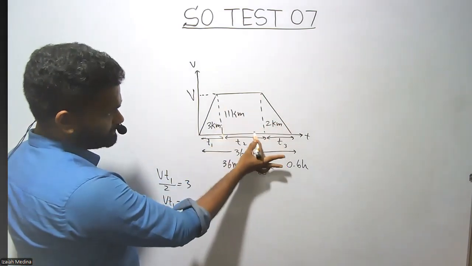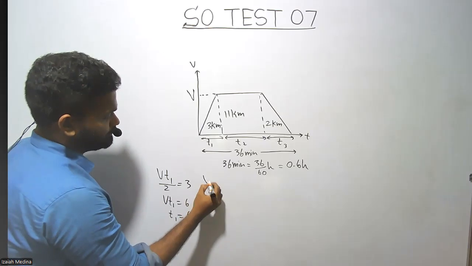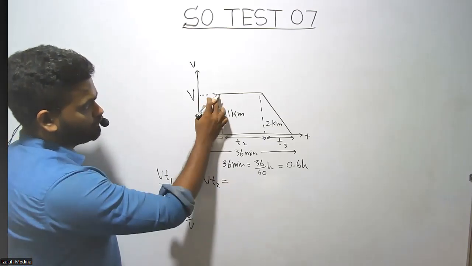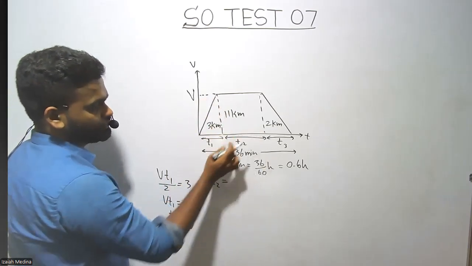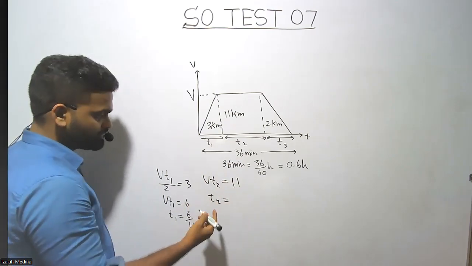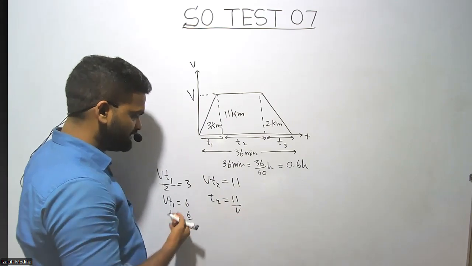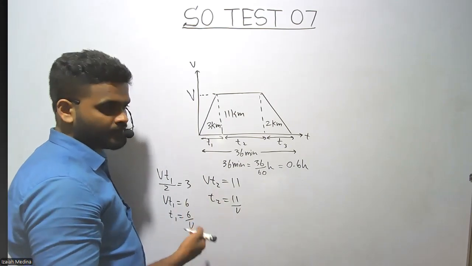Then this rectangle, what is that? V T2, that is 11. Then I am getting an expression for T2, that is 11 over V. So I am writing these times in terms of V, right?